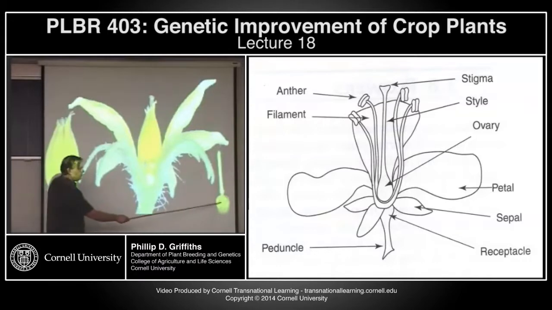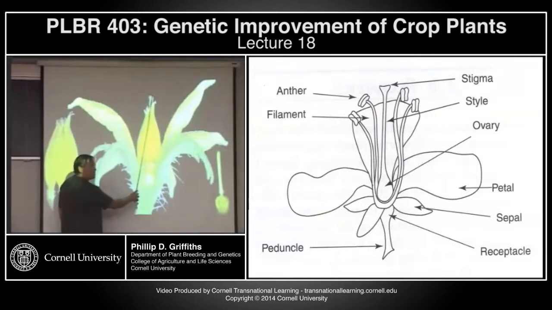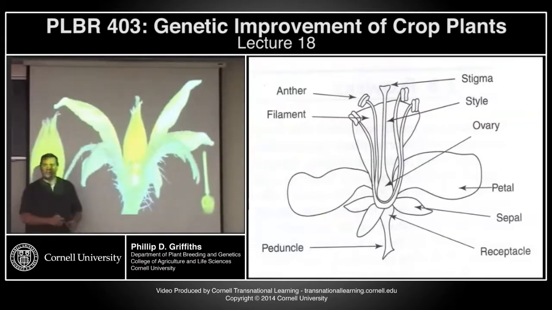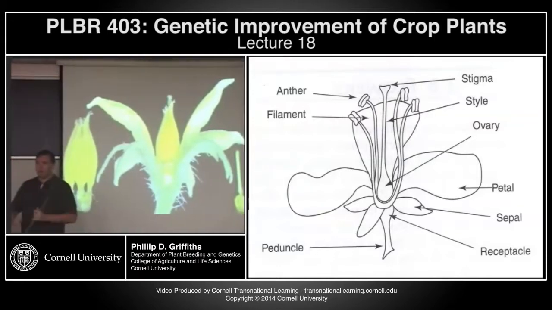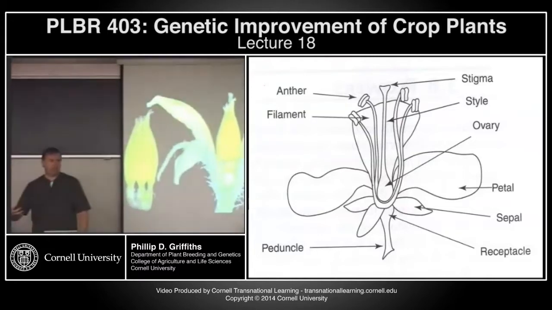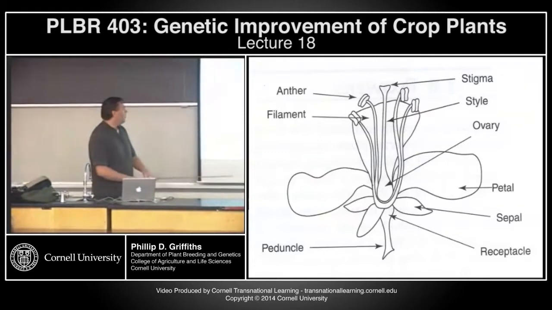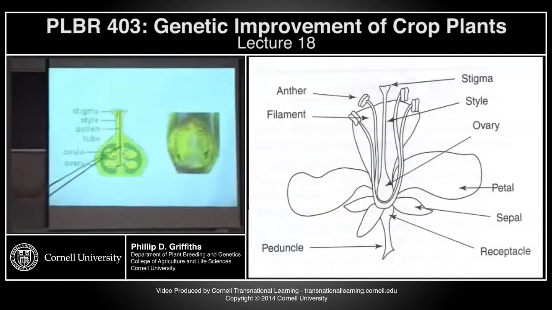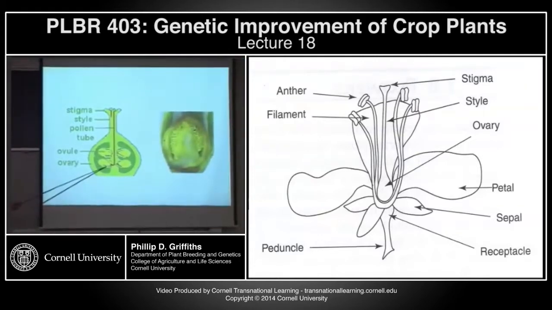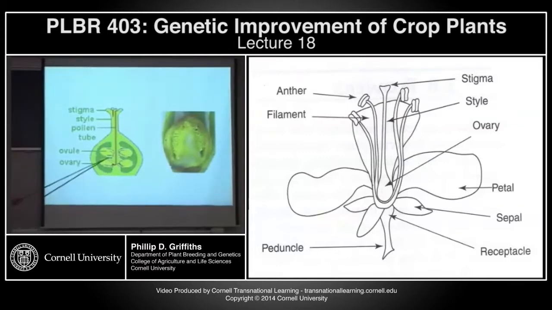The female carpel produces the pistil, which, before the flower opens, grows through the anther sac and pollinates itself before the flower opens. So thus it's basically a self-pollinator. The pollen is already producing pollen tubes which are going down to fertilize the ovules before the petals open.